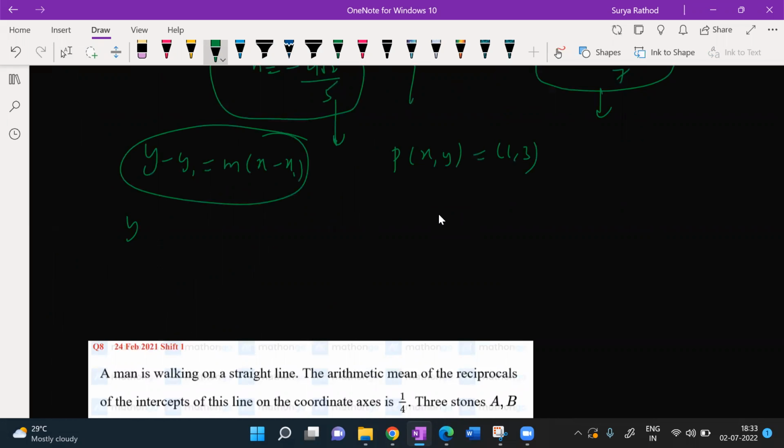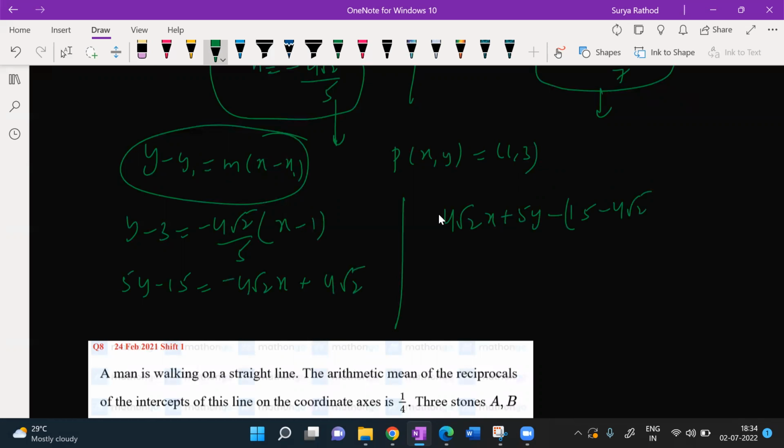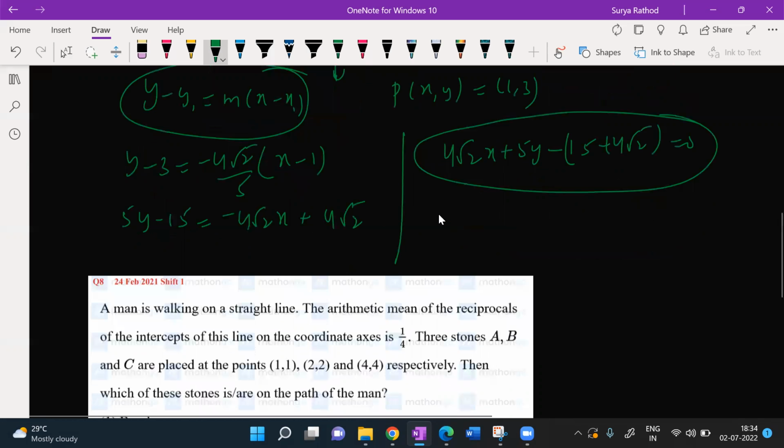So y minus y1 is equal to m, which is 4 root 2 by 5, times x minus x1. So 5y minus 15 minus 4 root 2 x plus 4 root 2. Look, directly I will get the answer: 4 root 2 x plus 5y minus (15 minus 4 root 2). I mean, this is the answer directly. Look at this, the point slope form I used. I will get this. Next question.